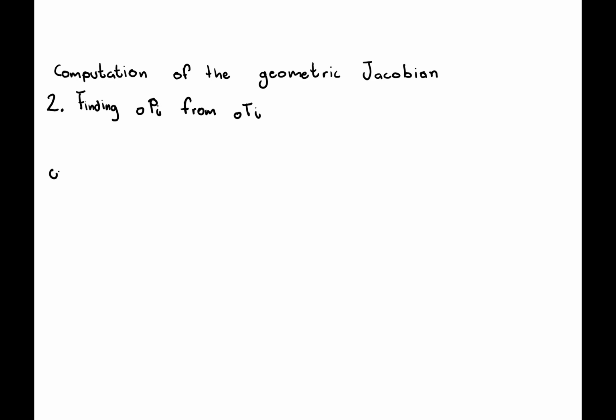So we have 0p1. Remember that in our homogeneous transformation matrix, you have the rotational part and the position part, 0 and 1. So what we're looking for is this part. 0p1 is 0, 0, d1 plus a1.